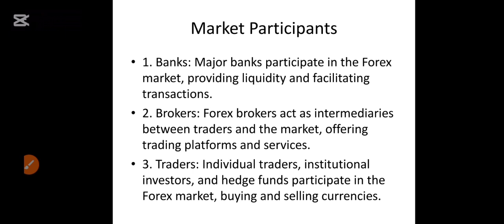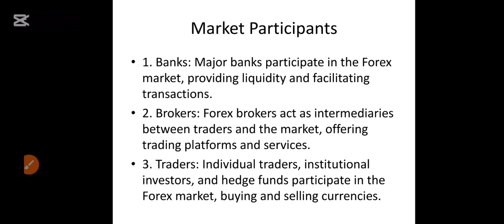Three, traders. Individual traders, institutional traders, and hedge funds participate in the forex market, buying and selling currencies. We have the individual traders, which is me and you. We have the institutional traders, institutional investors. These are the major players in the forex market.